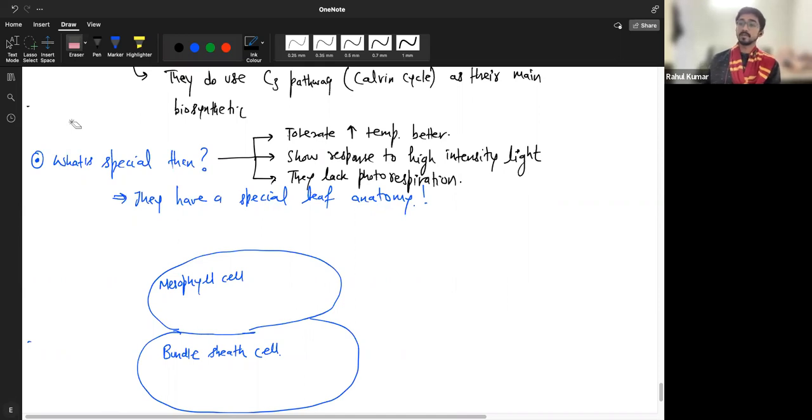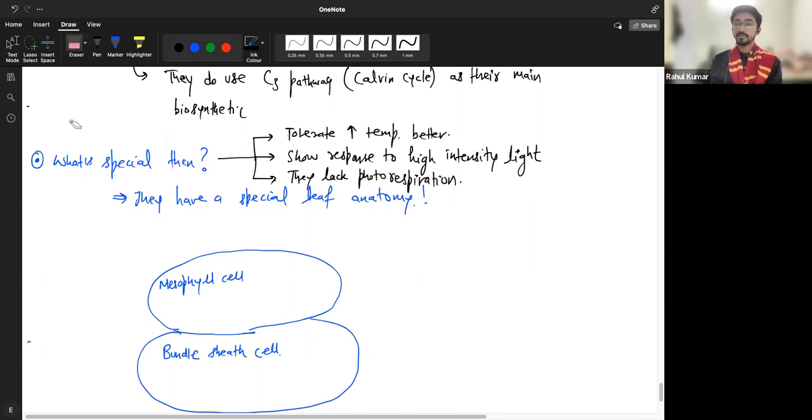In this pathway, we do not produce glucose, we also do not produce ATP, but we release CO2, just like a normal respiration that humans do. Plants also do this.